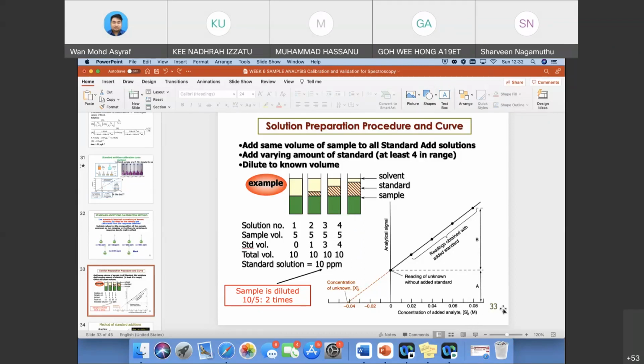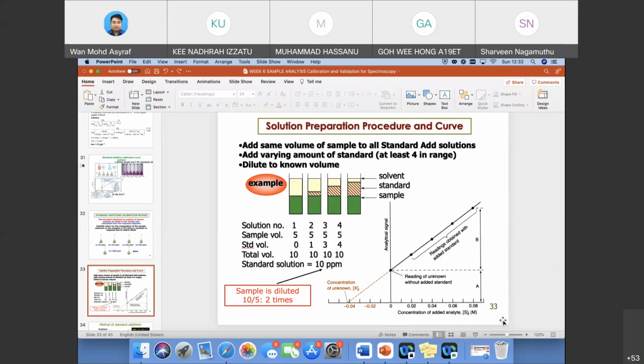The second one, the concentration is going to be different because the standard, even though it is 10 ppm, is only added 1 mil, for example. Okay, this is 3 mil, this is 4 mil. All right, so the response would show an increasing pattern, because we do increase the volume of the standard.